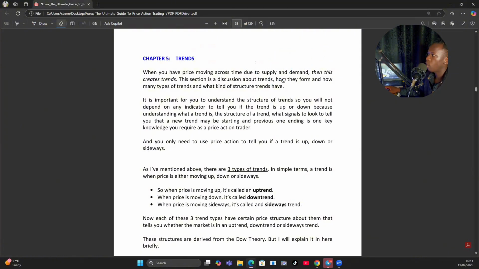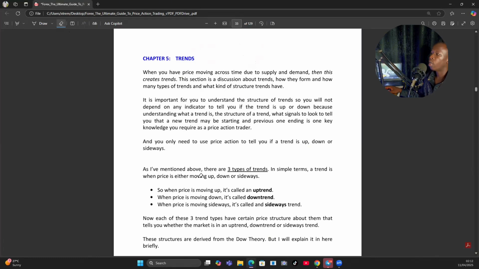But when the market is moving in this format, this is what we call a downtrend. When the market is moving across levels of resistance and support, demand and supply, the market move creates a trend. It creates an uptrend or a downtrend.